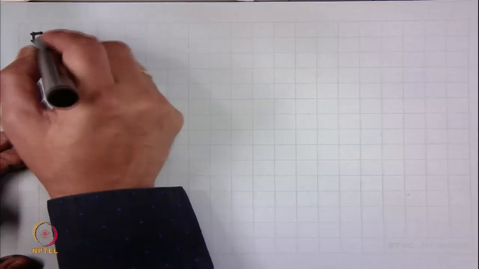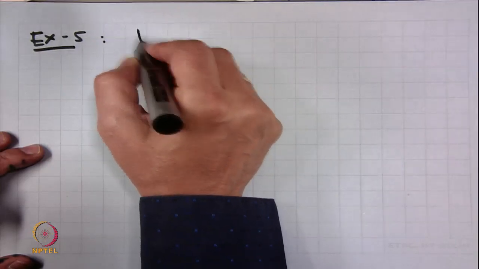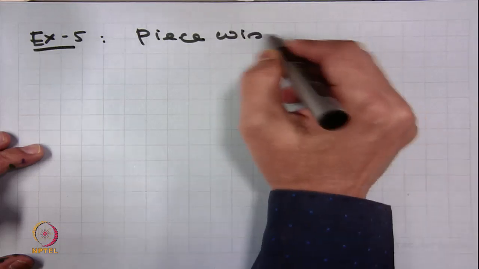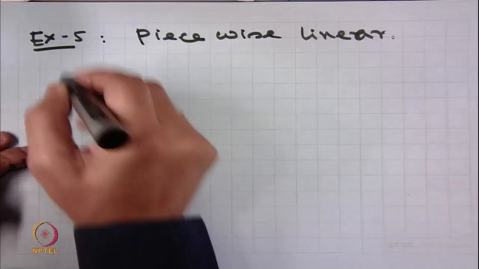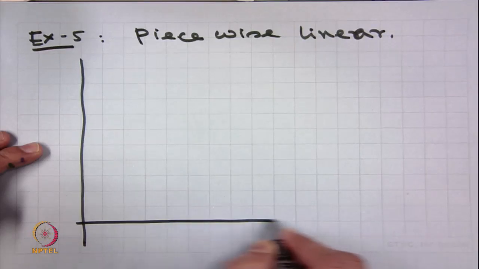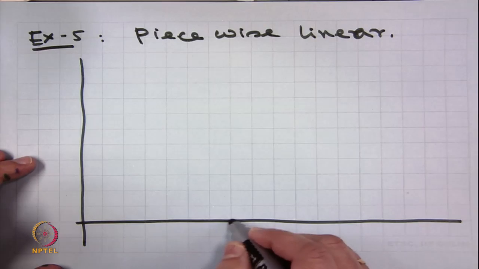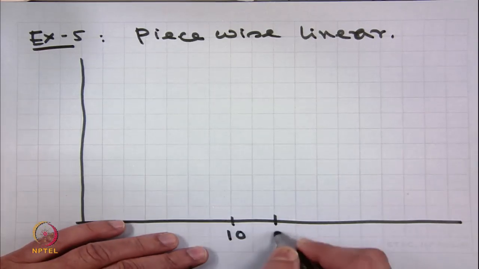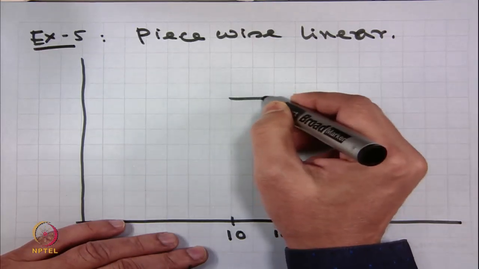Example 5, piecewise linear. Consider the following diagram. Suppose in this interval, let me call it again say 10 to 12, the value of membership is 1.